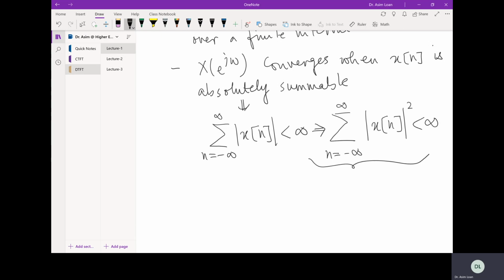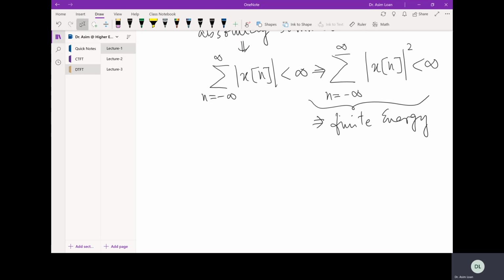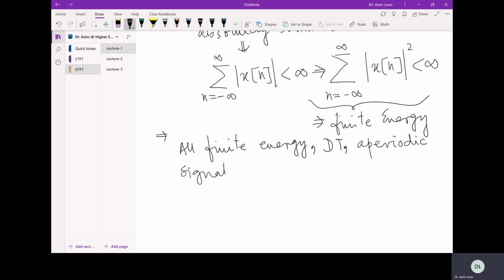This, by the way, simply means it has finite energy. So all finite energy discrete time aperiodic signals have a discrete time Fourier transform.